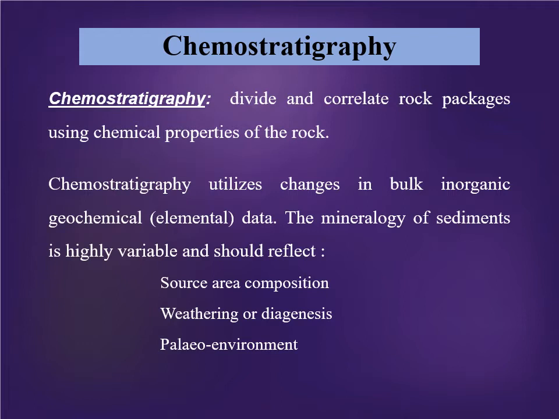That means the mineralogical composition, and within that particular mineral, the elements present and their concentration, basically guide us to separate one rock layer from another, as the mineralogical composition of different rock layers varies. So depending on that, the elemental concentration of different rock layers will also vary.